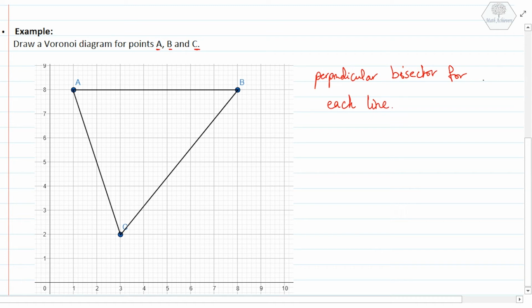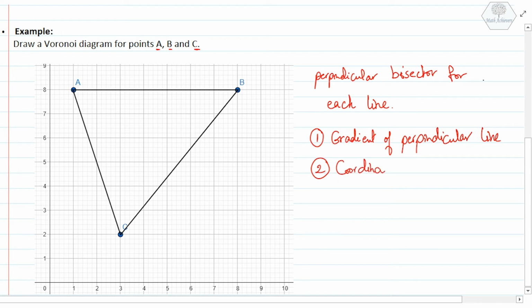To find out the perpendicular bisector, the first thing I have to find is the gradient of the perpendicular line, which is, I need to flip the gradient and change the sign. And I need to find the coordinates of the midpoint, so that the perpendicular bisector must pass through the coordinates of the midpoint, because my perpendicular bisector must pass through the midpoint.